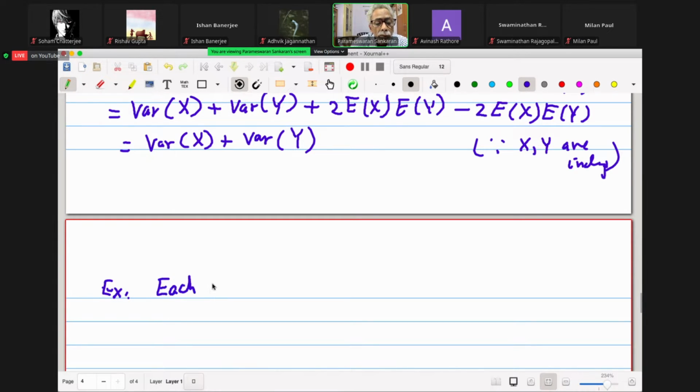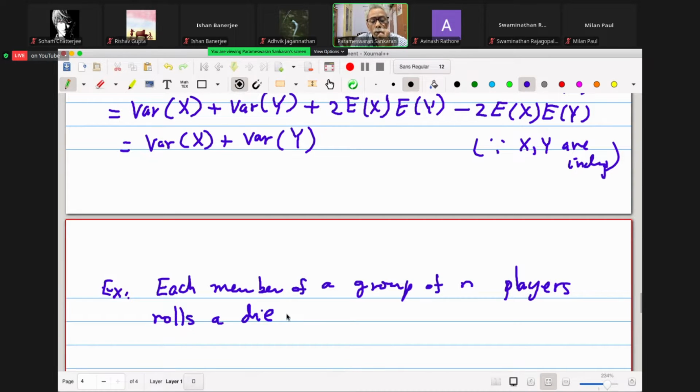Each member of a group of n players rolls a die. You can assume it's a fair die. When nothing is said, you can assume it's a fair die. Okay.